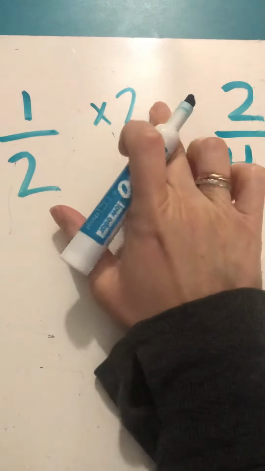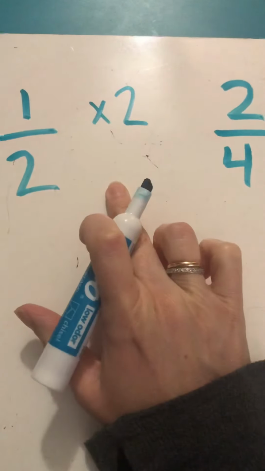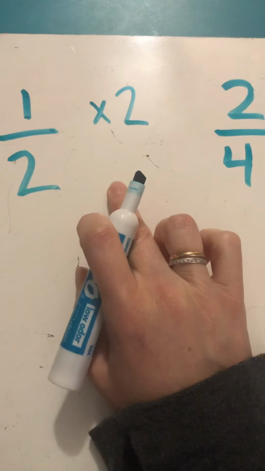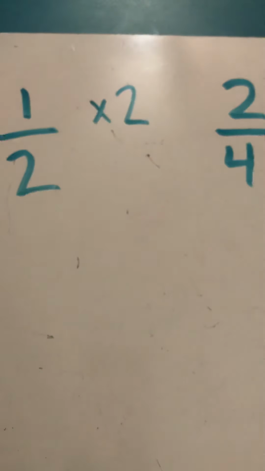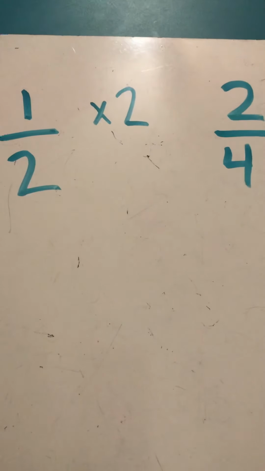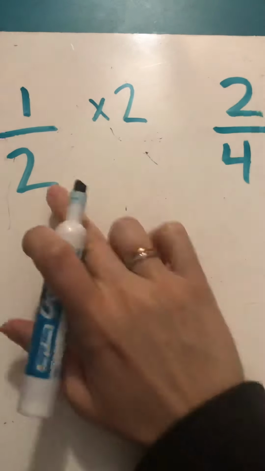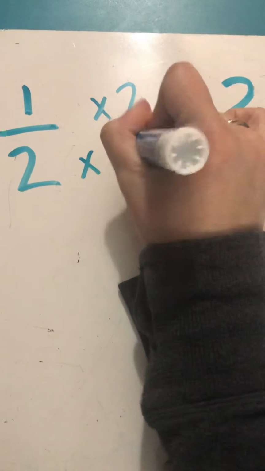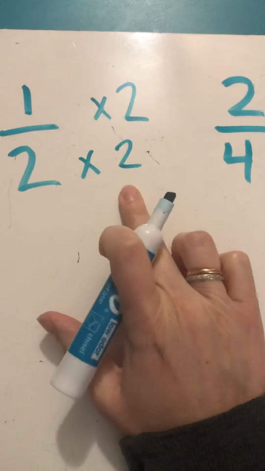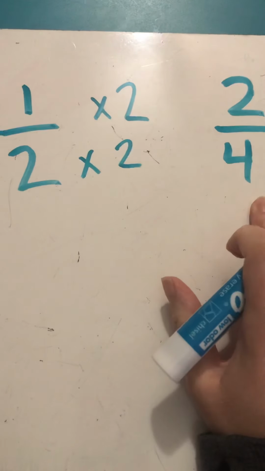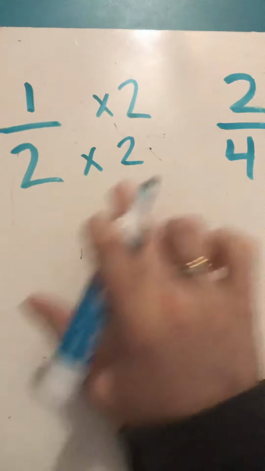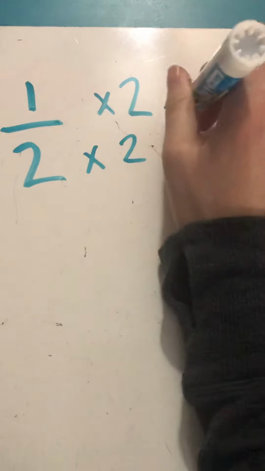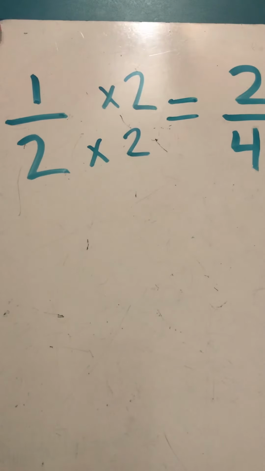Okay, and whatever I do to my numerator, I have to do to my denominator, no matter what. So if I'm finding equivalent fractions, you have to do to the numerator and the denominator the same. So since I multiplied my numerator by 2 here, I have to do it down here as well. 2 times 2 is 4. So just by looking at this, I can tell that these two they're equivalent, okay?